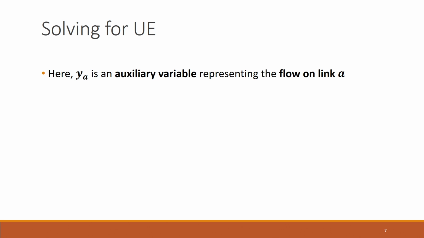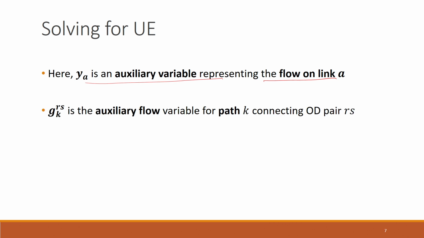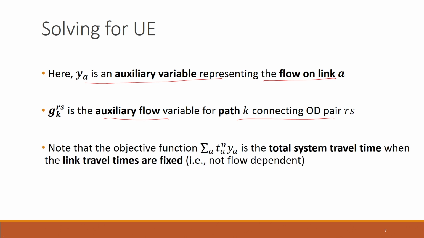This is just defining the variables here, which I have already said: y is an auxiliary variable representing the flow on link a, and g_k^rs is the auxiliary flow variable for path k connecting OD pair RS. And here the objective function, the summation of t_a y_a over all links, is the total system travel time when the link travel times are fixed, that is, not flow dependent, okay.